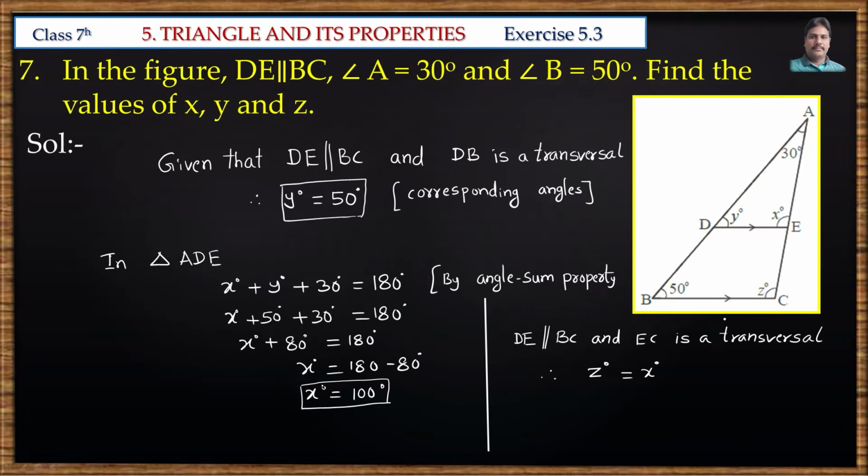Z is equal to x because they are corresponding angles. Therefore, z is equal to, we got x as 100 degrees. So, z is equal to 100 degrees. So, this is the value of z. This is the answer.